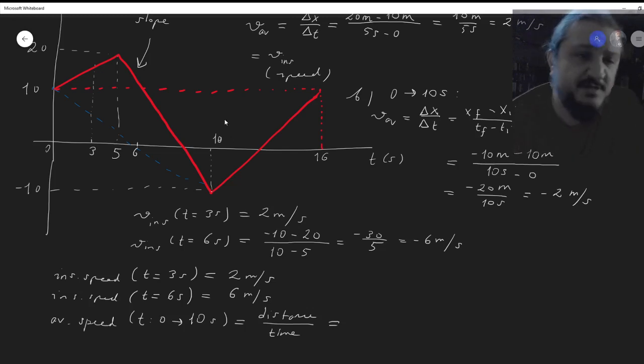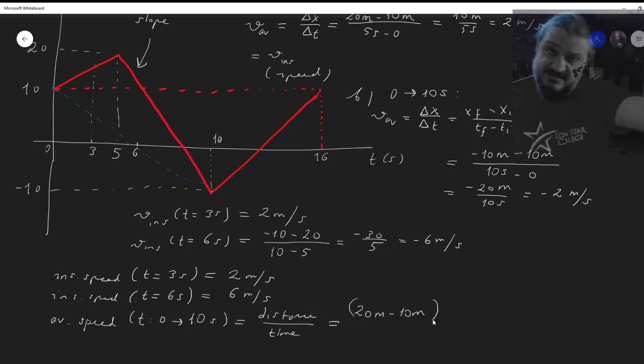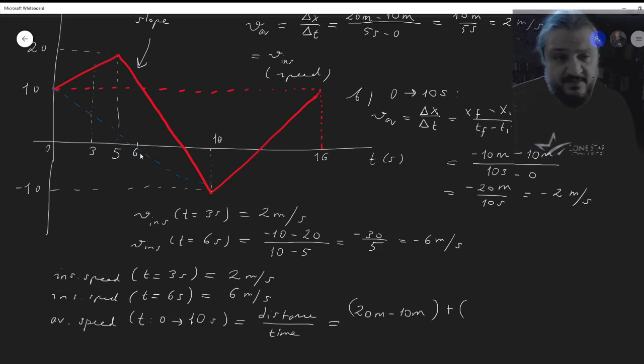So in the first 5 seconds, the object goes from 10 meters to 20 meters. What's the difference? 10. So 20 meters minus 10 meters gives us 10 meters in the positive x direction. And then in the second segment, from 5 seconds to 10 seconds, the object moves in the opposite direction. For how much distance?